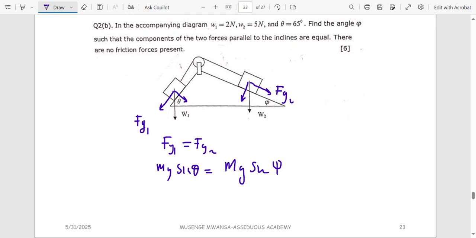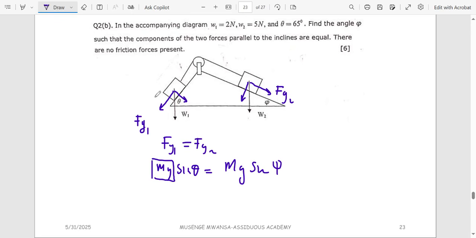Then the next thing now, we are going to make some substitutions at this point. What do we know here? We were told that W1, the weight force, is actually 2N, and W2 was 5N. So this is weight. mg is the weight.